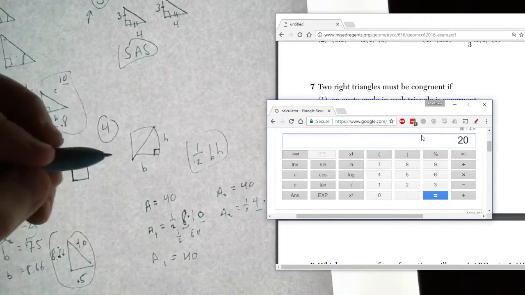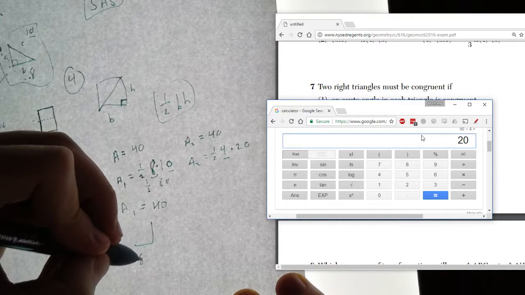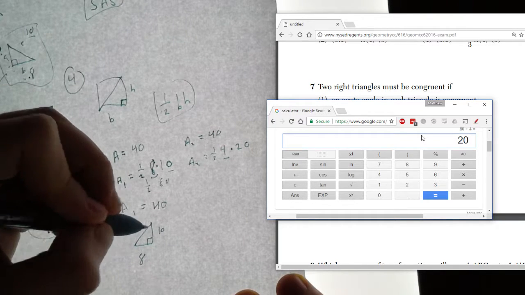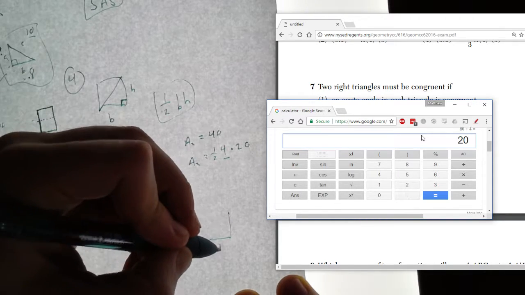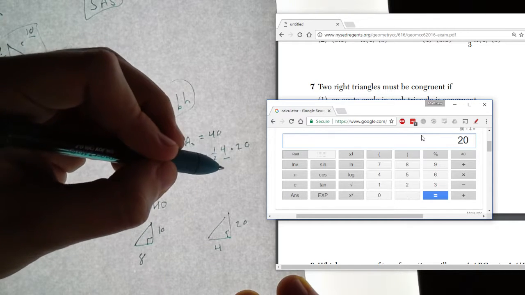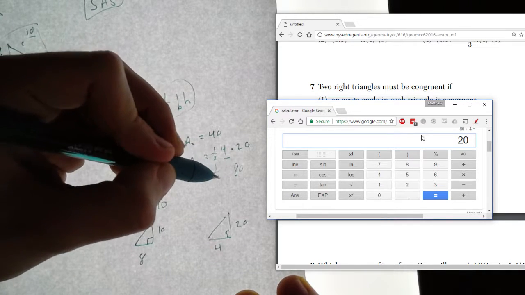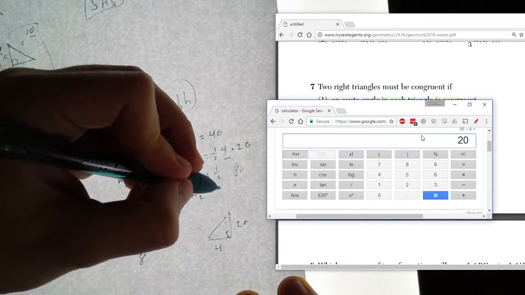So now I've got one triangle who's got a leg of 8 and a leg of 10, which still has an area of 40. Here I've got a triangle with a leg of 4, a leg of 20, and 4 times 20 is 80, times 1/2 is still going to be 40.